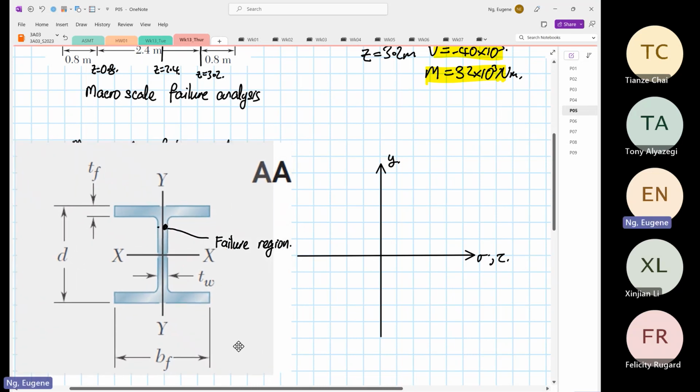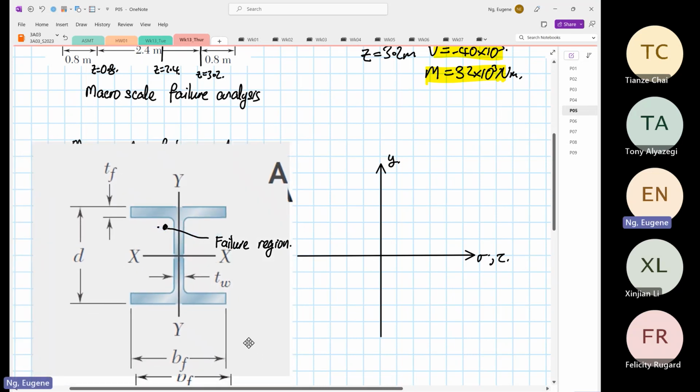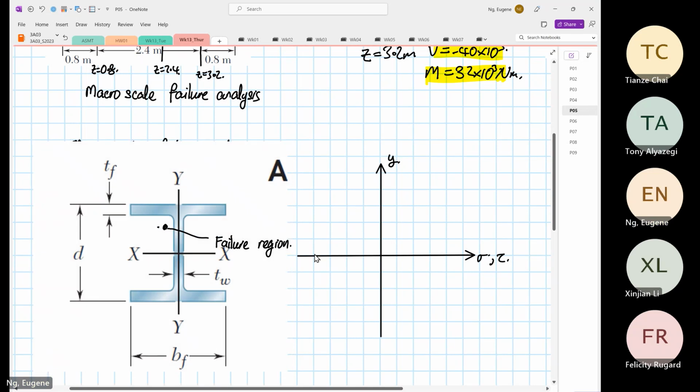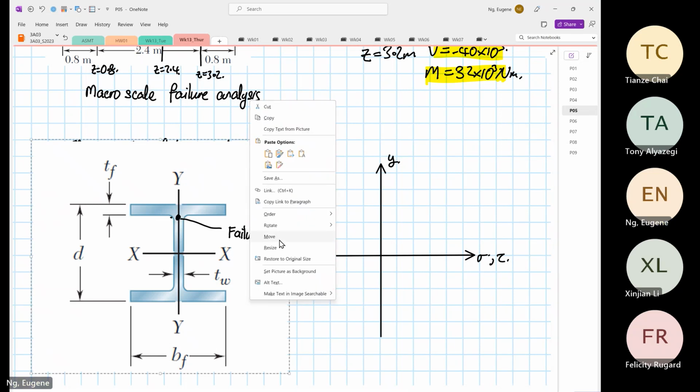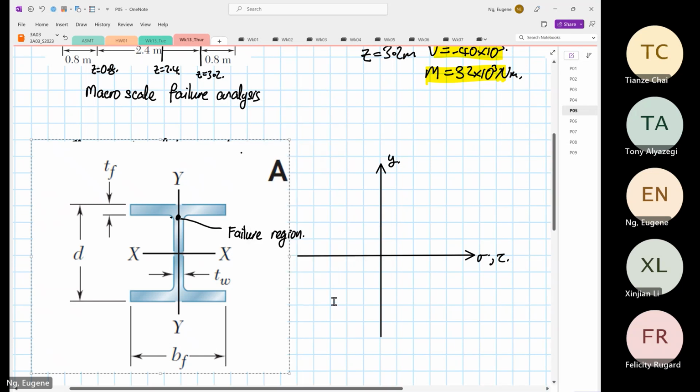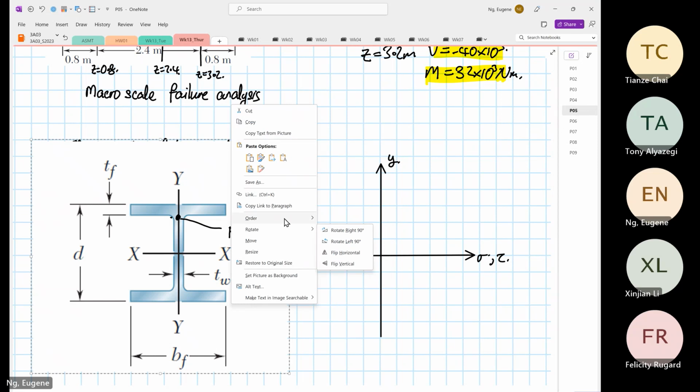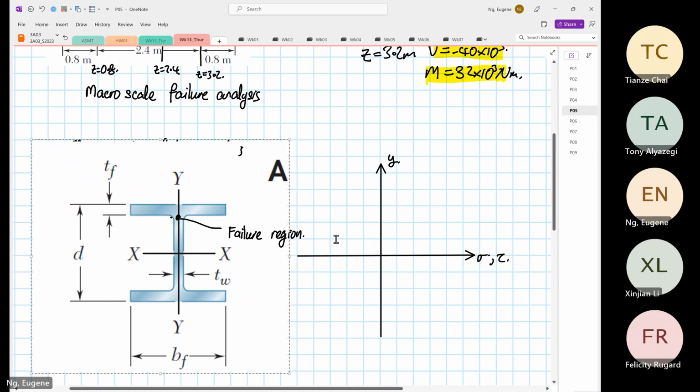Okay, so I have to adjust the failure region. I know I have some words down here, I'll just shift them.